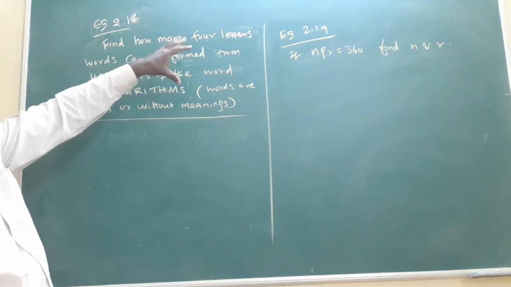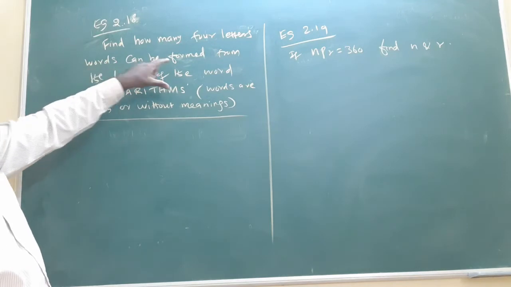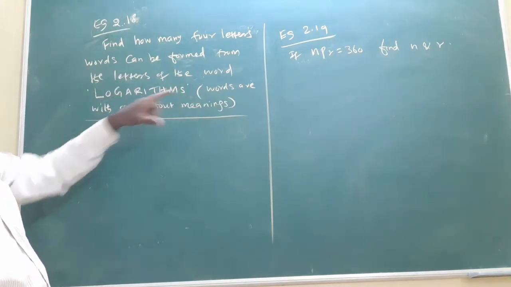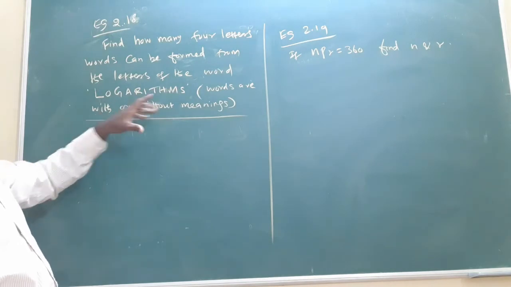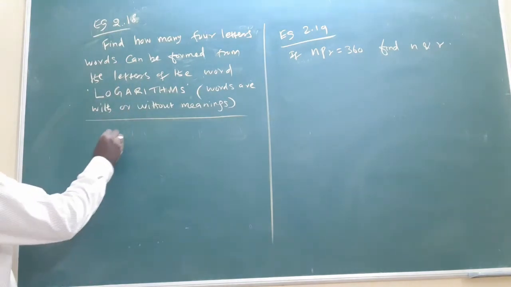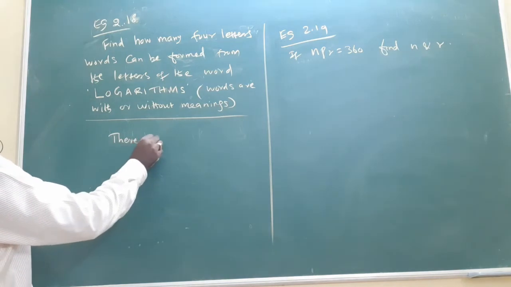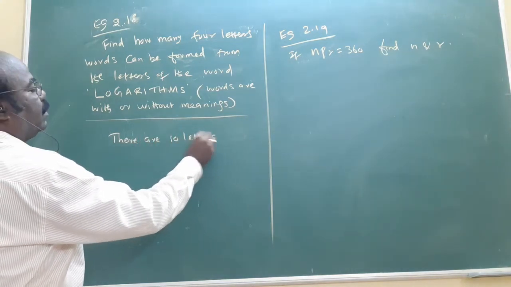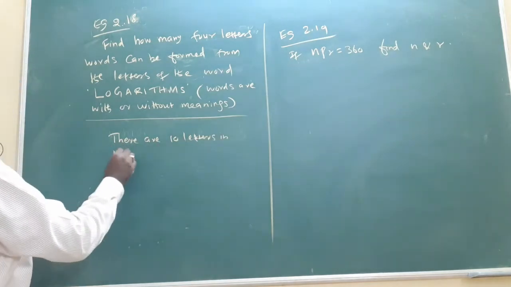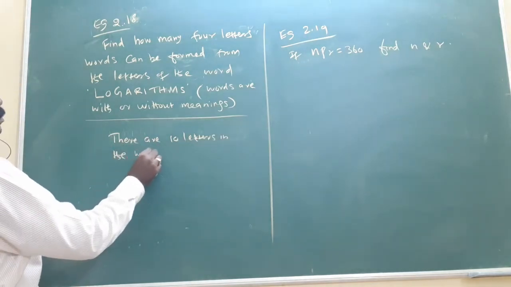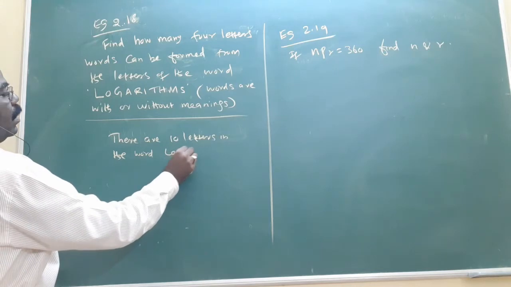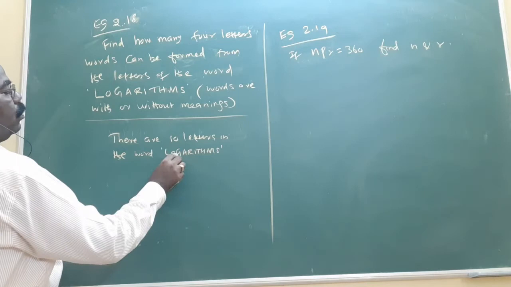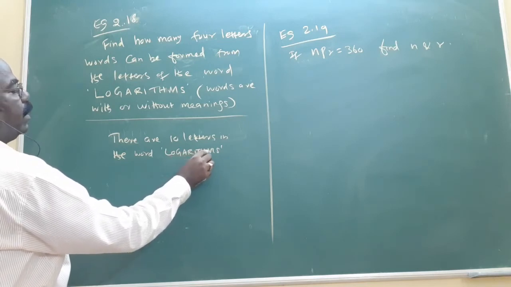Find how many 4-letter words can be formed from the letters of the word LOGARITHMS. The words are with or without meaning. Now, there are 10 letters in the word LOGARITHMS. Am I right? 1, 2, 3, 4, 5, 6, 7, 8, 9, 10.